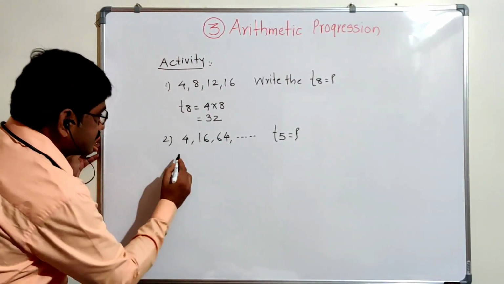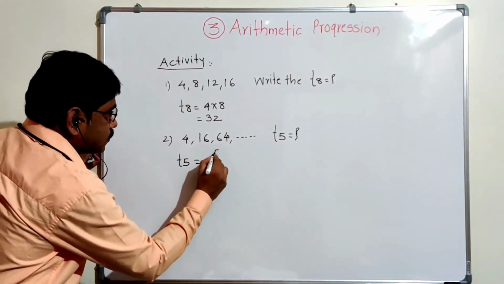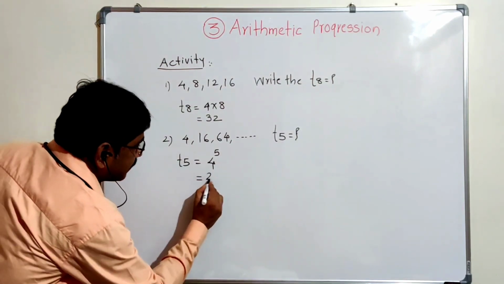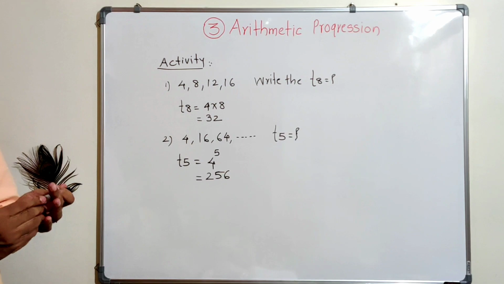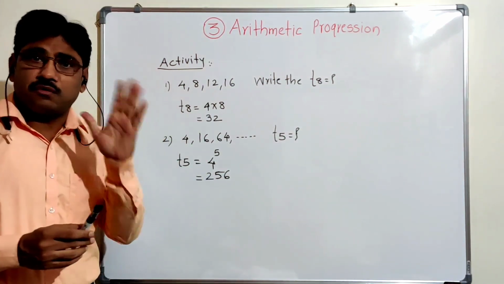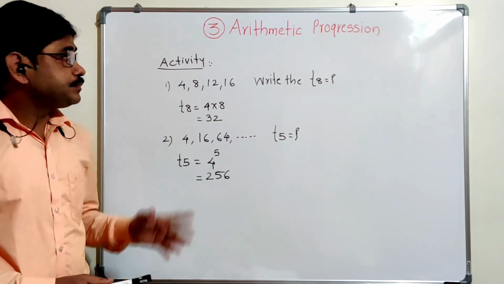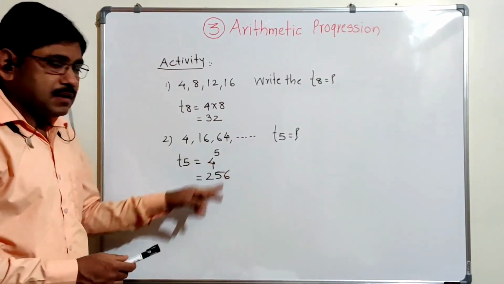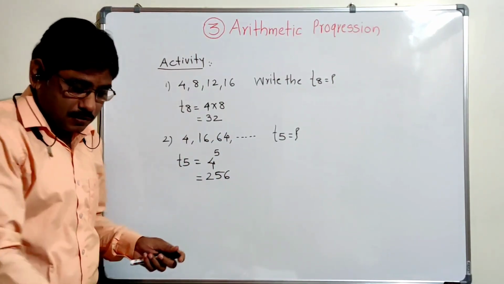So we get T5 is equal to 4 raised to 5, which is 256. So the fifth term is 256, means 4 raised to 5: multiply 4 five times, 4, 4, 4, 4, 4. So this is the use of this sequence activity-based question. A box for T5 will be given, complete that box.